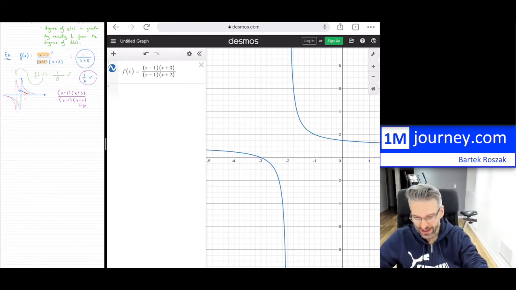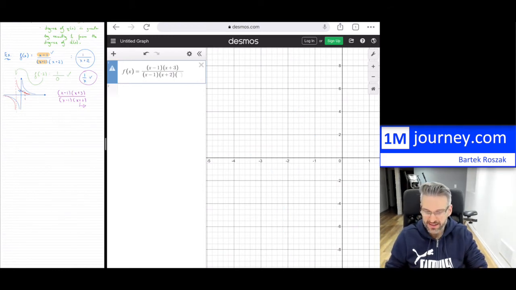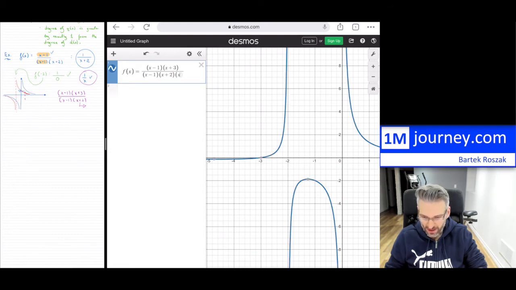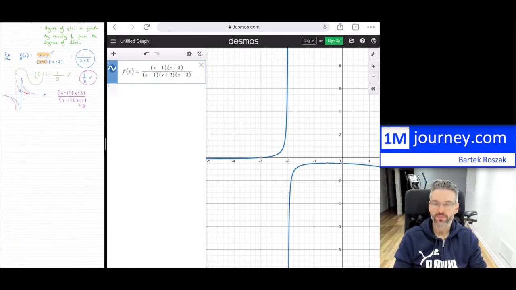So if I go back here and get in there in the denominator, let's say I added something else, and I don't know, let's put maybe x minus about 3. So we'll do that. Now in this case, we actually have 2 zeros in the denominator.